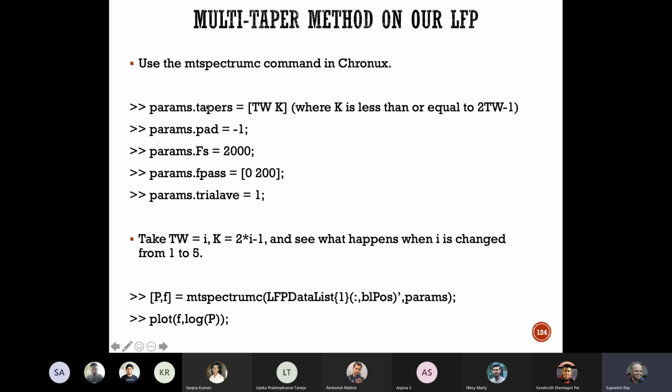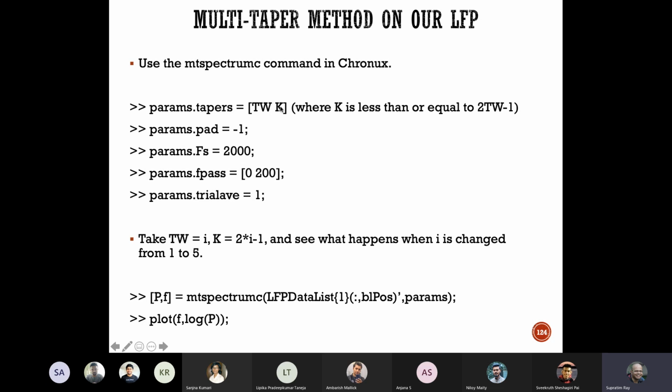All of this can be easily done using a single command in MATLAB called mtspectrumc. Here you can specify different things like the sampling frequency and the number of tapers that you want. So the tapers, when you specify here, the time-frequency bandwidth product, the minimum value of which is 1.